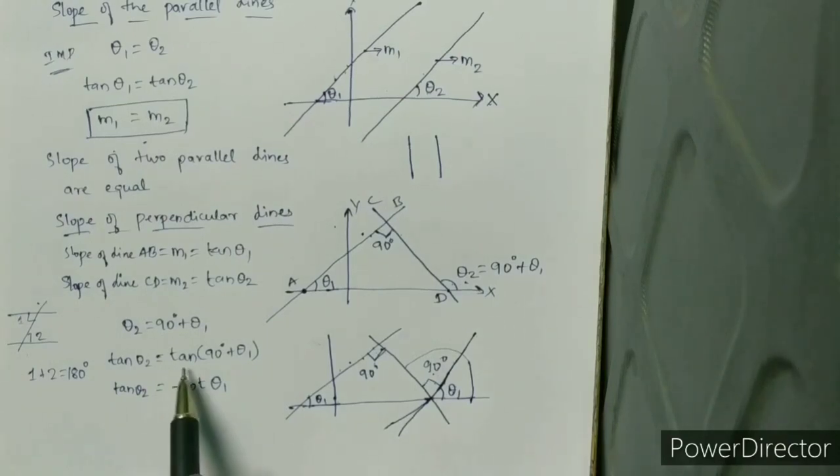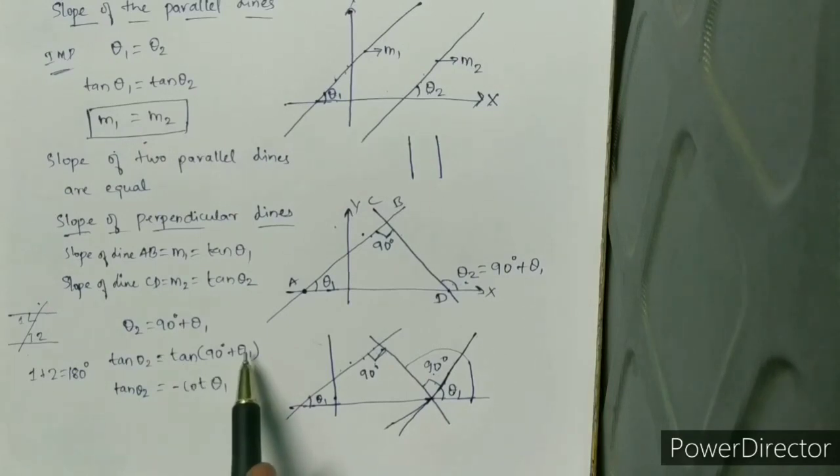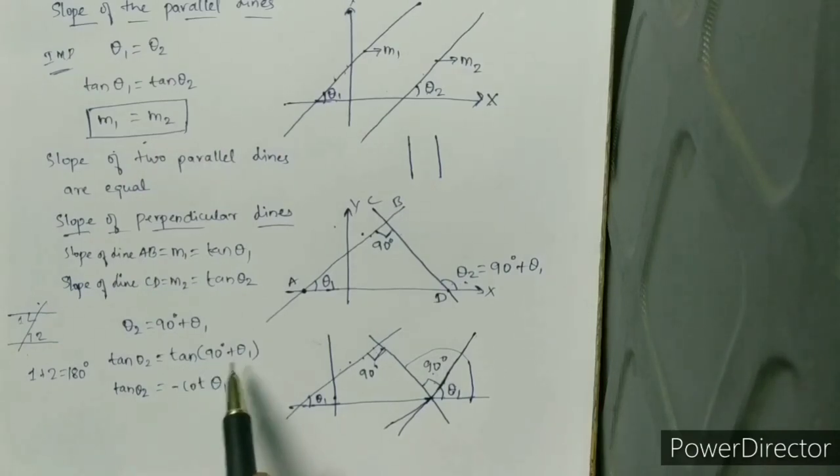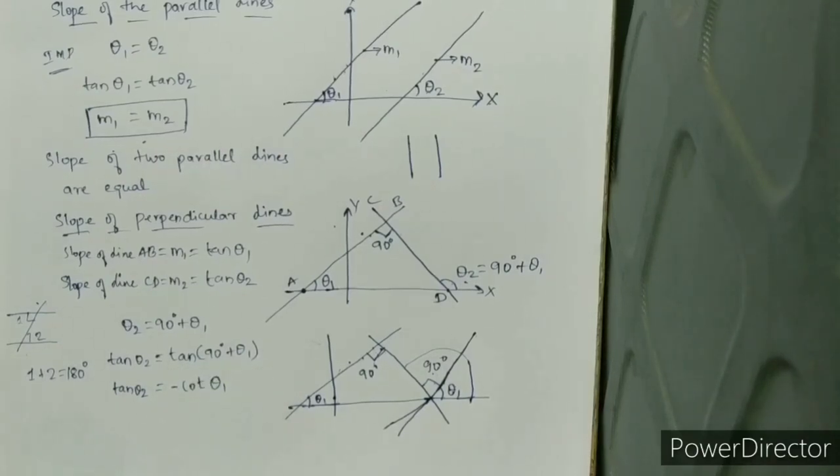This is from the basic rules of trigonometry. So how is it? Tan of 90 plus theta, in a sense tan of 1 into 90 plus theta. Since 1 is odd, tan will be changed into cot, and tan in the second quadrant is negative, so minus cot theta 1.